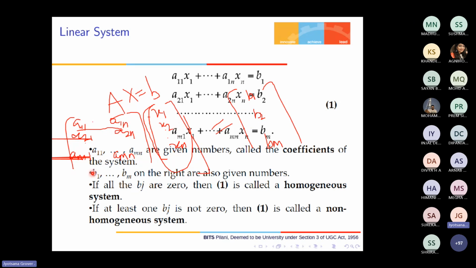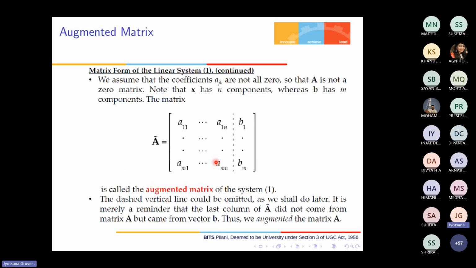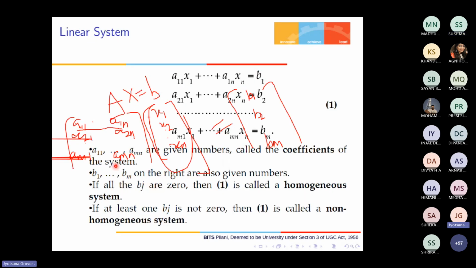So now what is this matrix? This is the matrix of coefficients. A into x is equal to b. Got it? You're multiplying coefficients with these unknowns. A11 is the coefficient for x1.